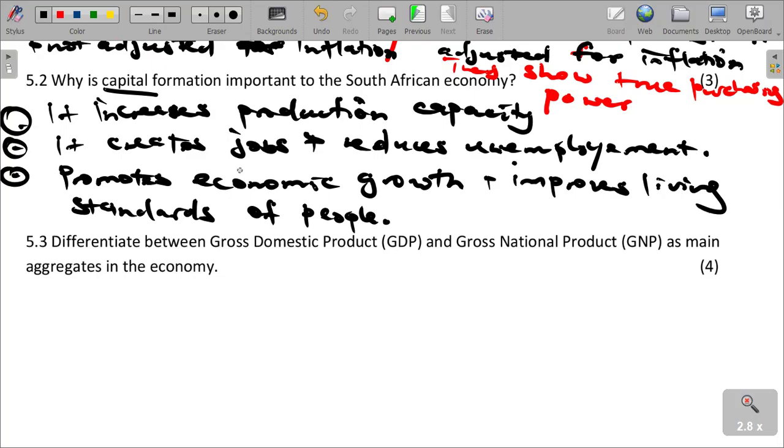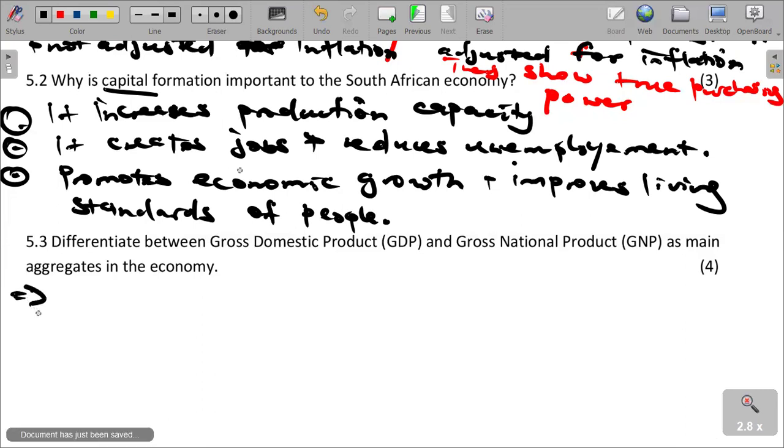Differentiate between gross domestic product and gross national product as main aggregates in the economy.